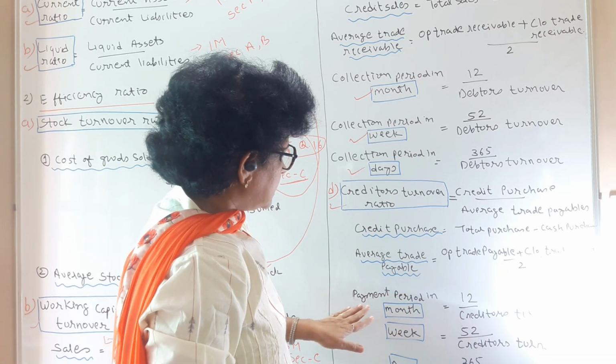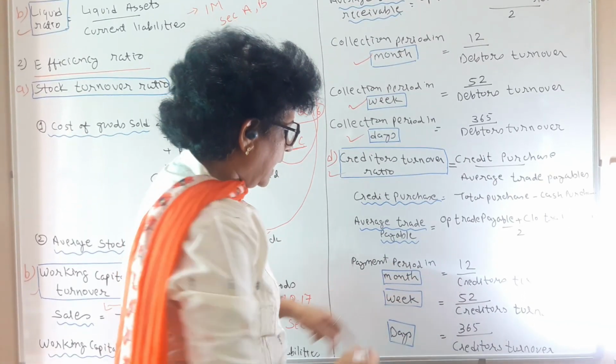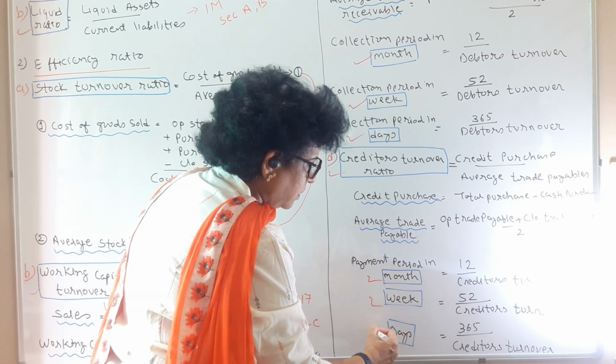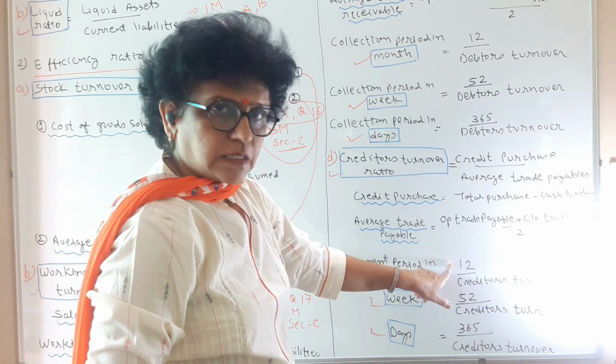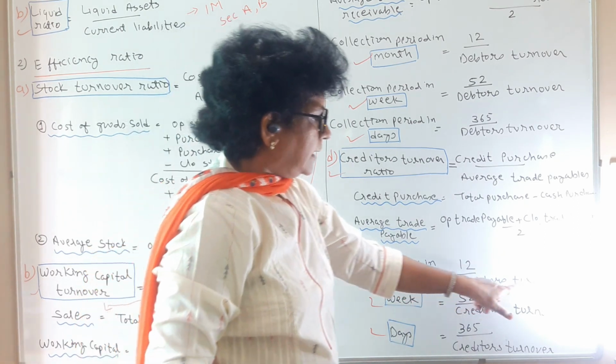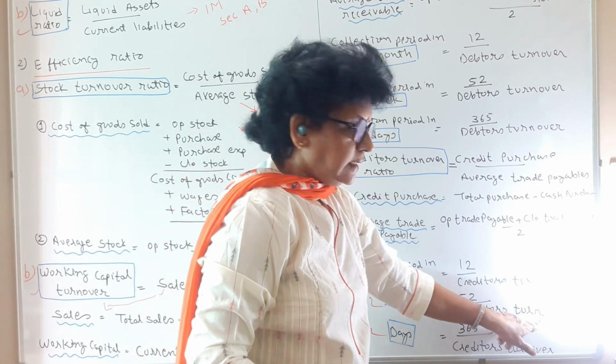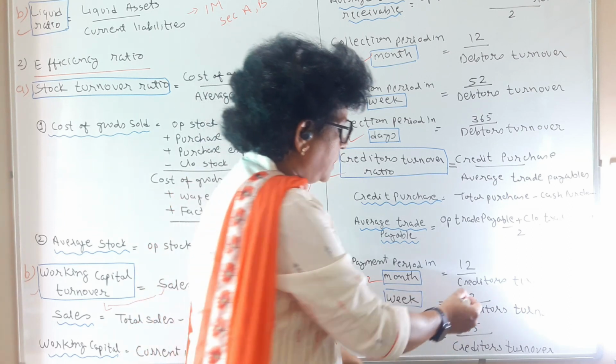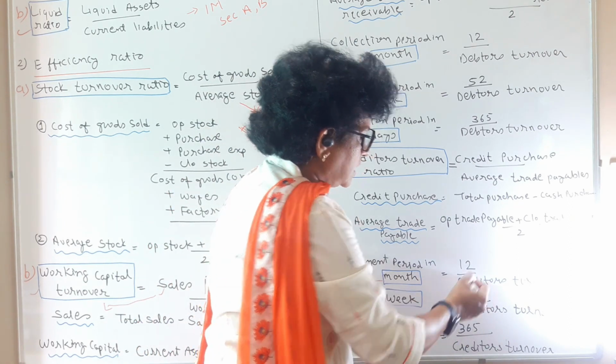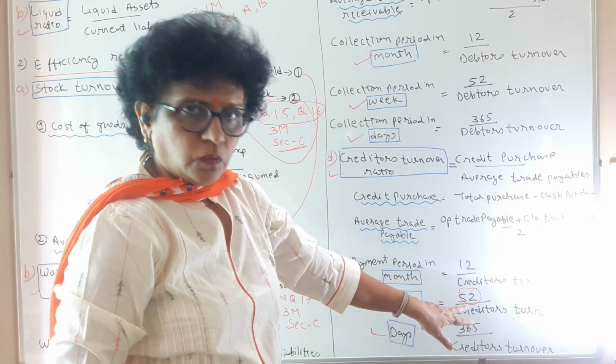Then there is the payment period, either asked in months, weeks or days. If it is in months, 12 upon creditors turnover. If it is weeks, 52 upon creditors turnover. Why have we taken 52? Because in a year you have 52 weeks.